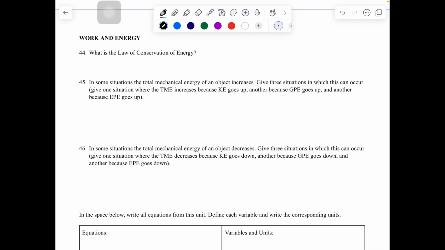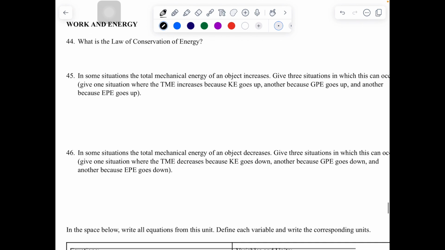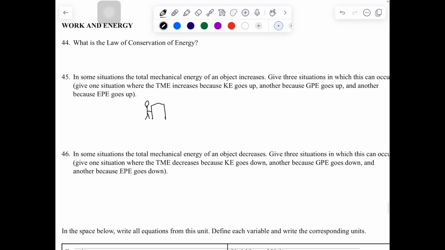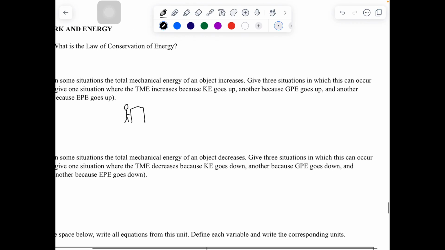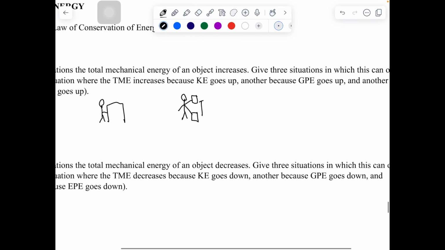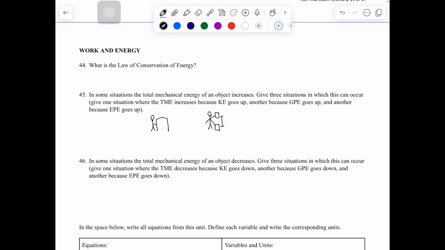Alright, well, if I push an object, say I push a box to the right, the kinetic energy goes up. So here I am, I'm pushing a box to the right, kinetic energy goes up, total mechanical energy goes up. I did work, I gave the system energy. I could pick something up from the ground, and I could raise it up to some height off the ground, increasing its gravitational potential energy.